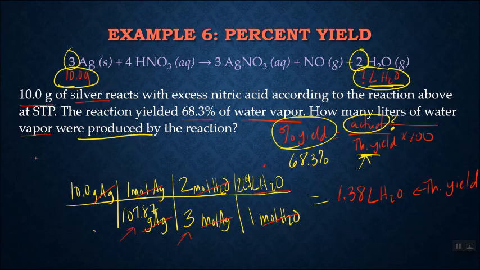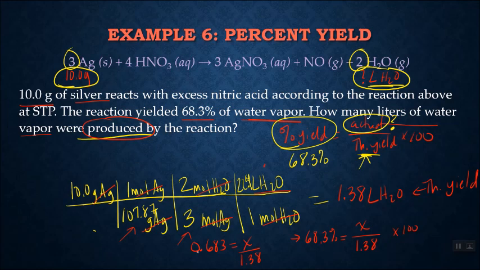And we want to know our actual yield, what is produced. So if we're putting that in there, we can just use X for that. X over the 1.38 equals 68.3% times 100. Now, if you know percents well, you can just go ahead and change this over to 0.683 like this, and then you have your 1.38 on the bottom.